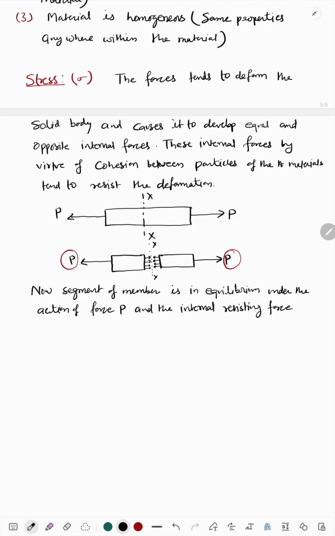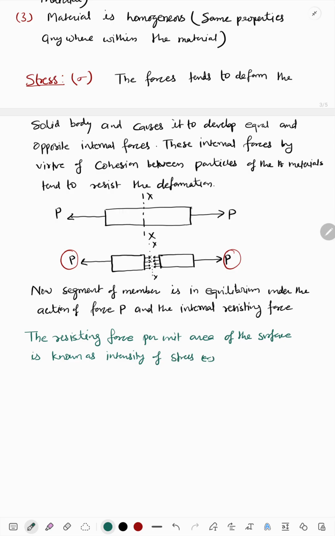The internal resisting force per unit area of the surface is known as intensity of stress, or simply stress.